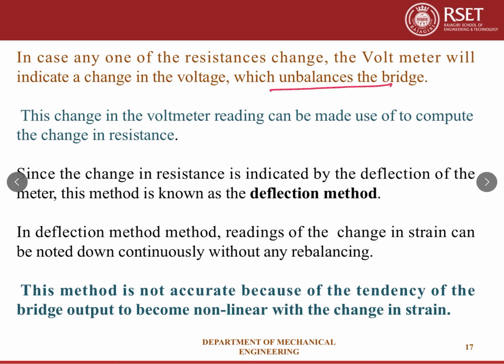The change in voltmeter reading is used to compute the change in resistance. Since the change in resistance is indicated by a deflection of the meter, this method is known as the deflection method.